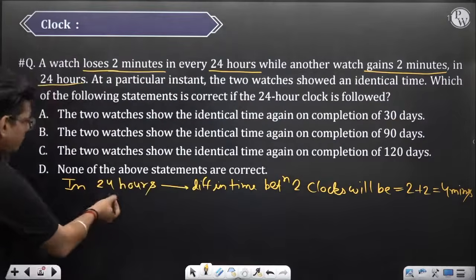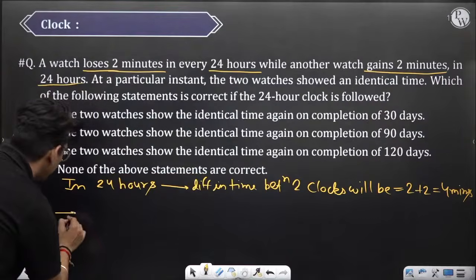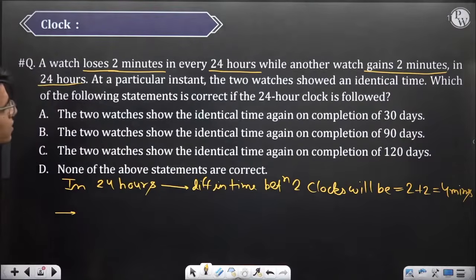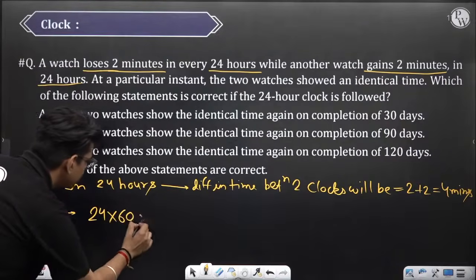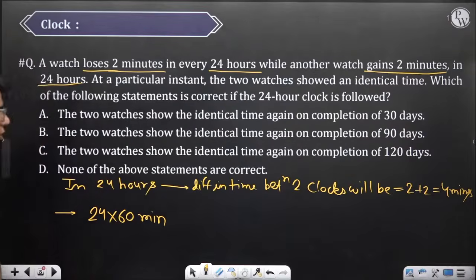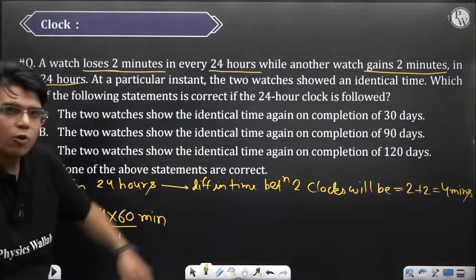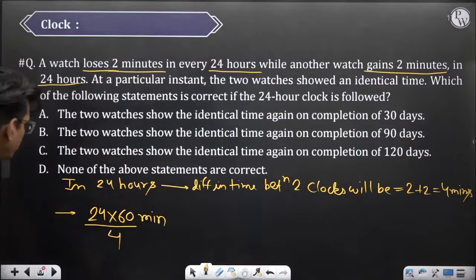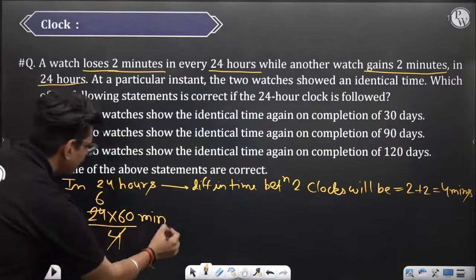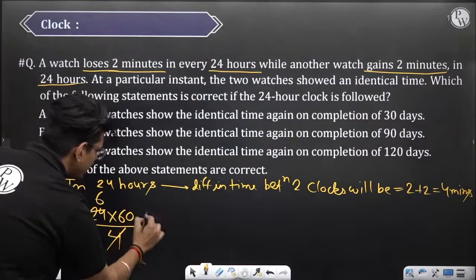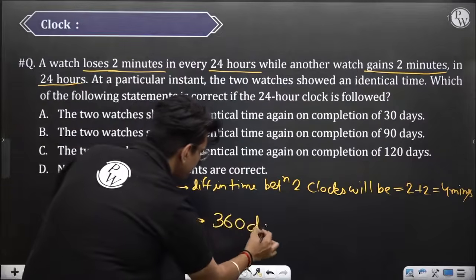So if in 24 hours they are moving 4 minutes, we have to calculate how much time it will take in days to cover 24 into 60 minutes, right? And we have to divide it by 4, because in a day we are moving ahead by 4 minutes. The gap between the two clocks is 4. So this is nothing but 6 times. We will get the number of days. This is nothing but 360 days.